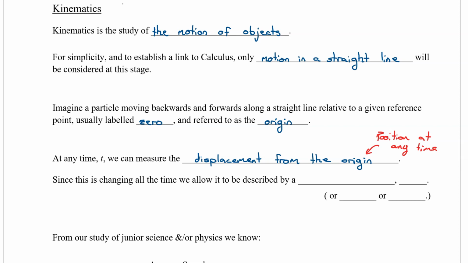Since this is changing all the time, we allow it to be described by a function of time, and we call this function s of t, or alternatively, x of t, or h of t.